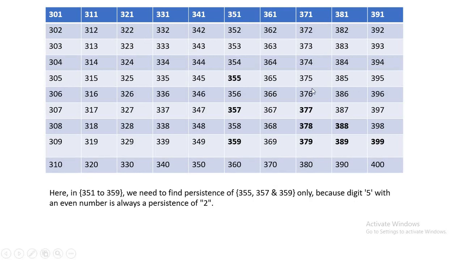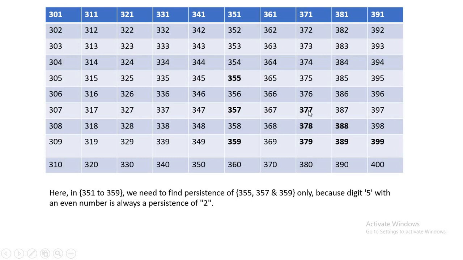In 300 to 400, 350s were included, then 370s to 390s. In 350 again, we have to start from 355, below which 354 and 345 persistence are the same. So we have to start from 355, then 357, then 359.